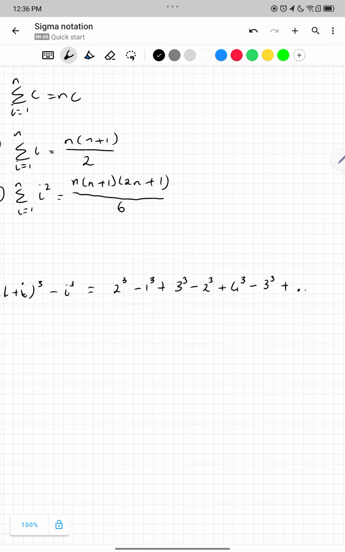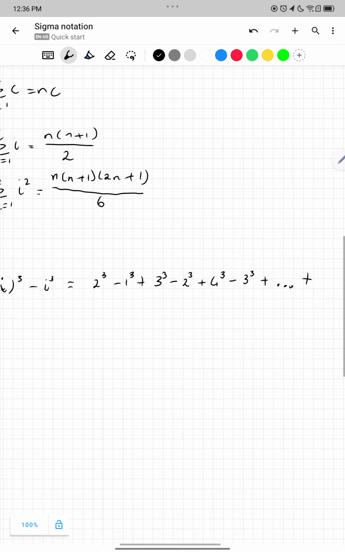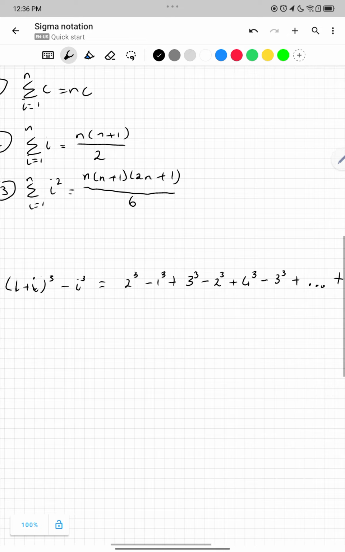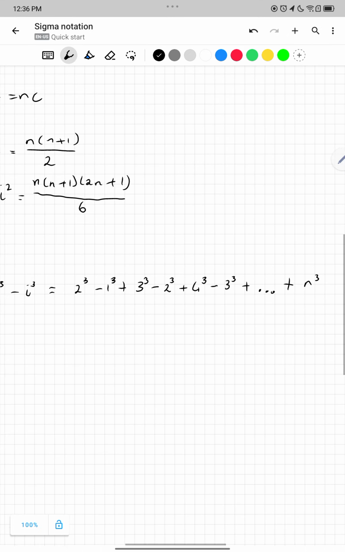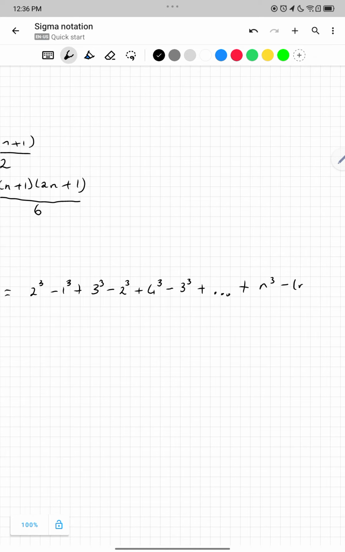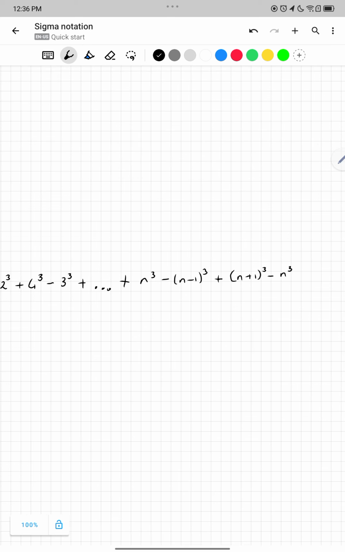And we have plus dot dot dot, the term before n, which is n minus 1. So we're going to have n minus 1 plus 1, which is n cubed, right? Minus (n minus 1) all cubed, and then plus, we're going to have n, which is (n plus 1) all cubed minus n cubed.